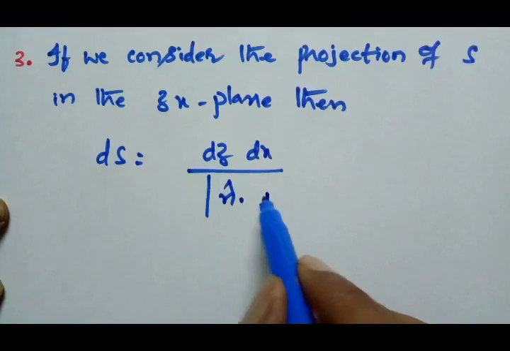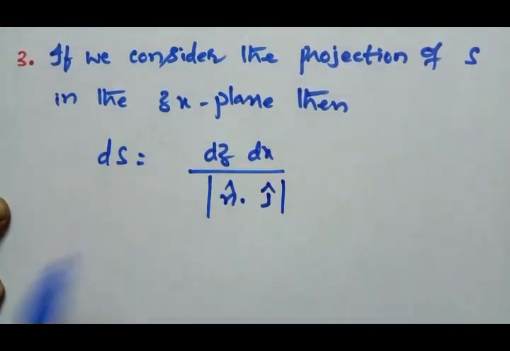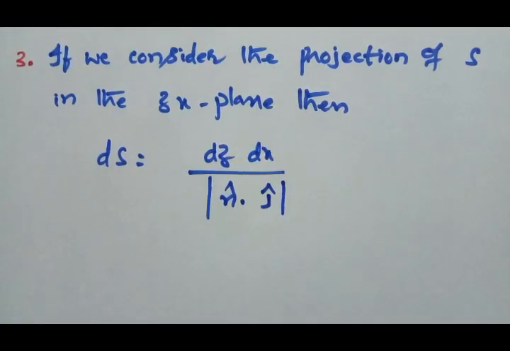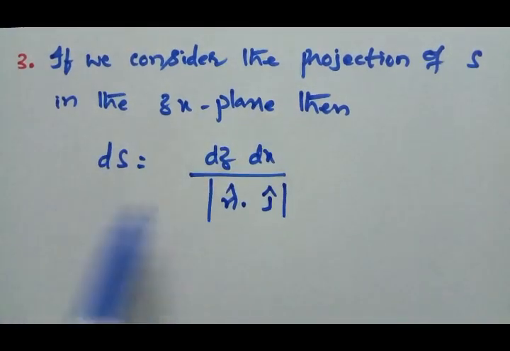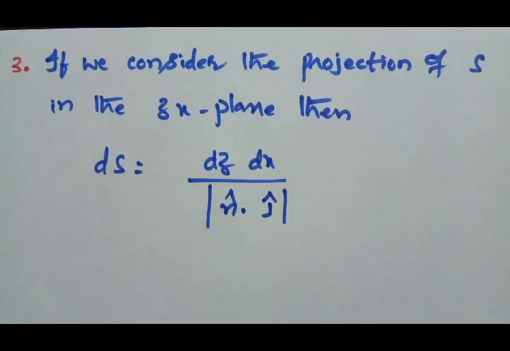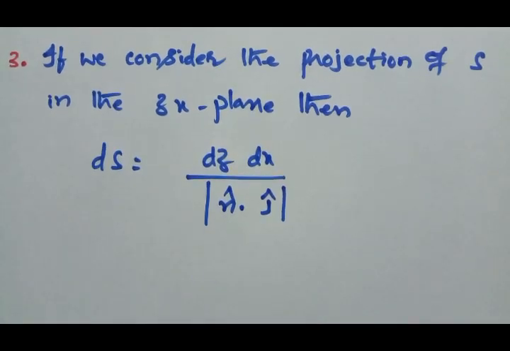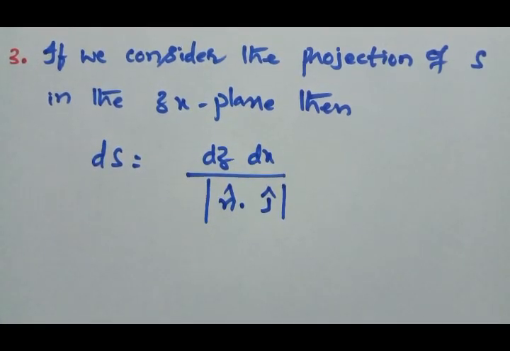The unit vector along the y axis is j cap. So ds is equal to dz dx by modulus of n cap dot j cap.